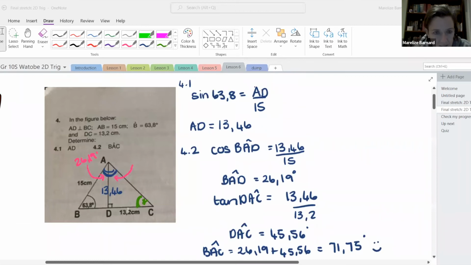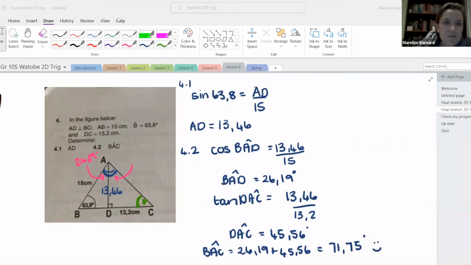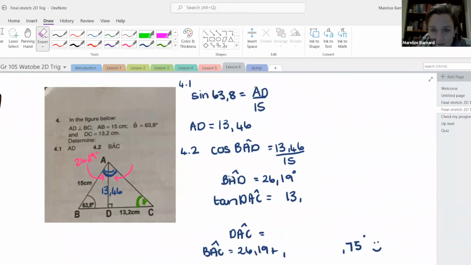Tan of DAC is opposite over adjacent. Okay, sorry everyone, I need to make a correction here. I got my sides the wrong way around. If you're doing DAC, the opposite side is 13,2 and the adjacent side is 13,46. So I swapped them.